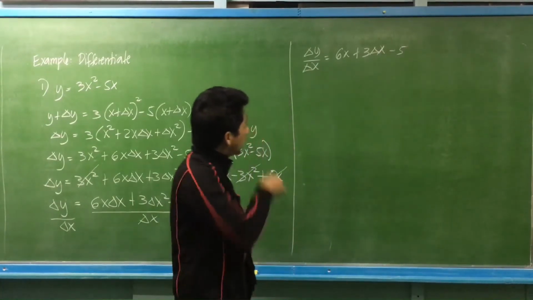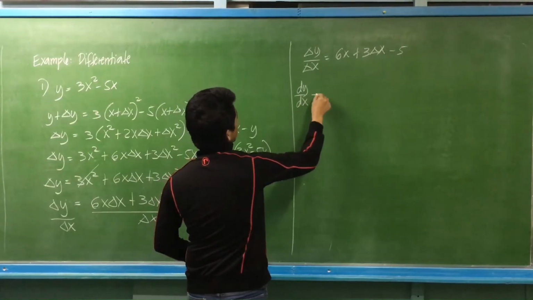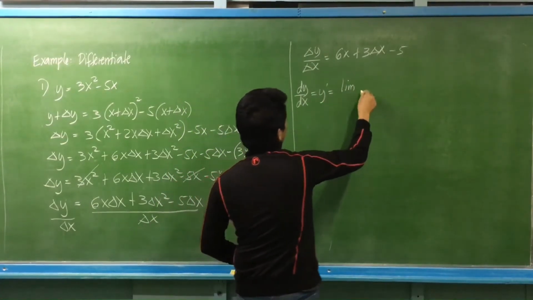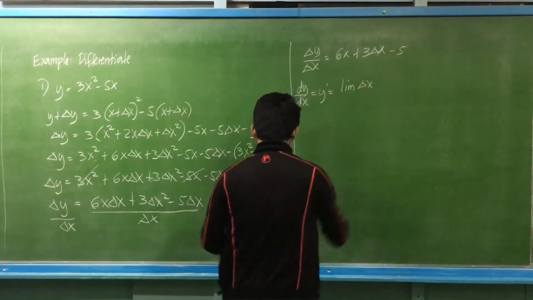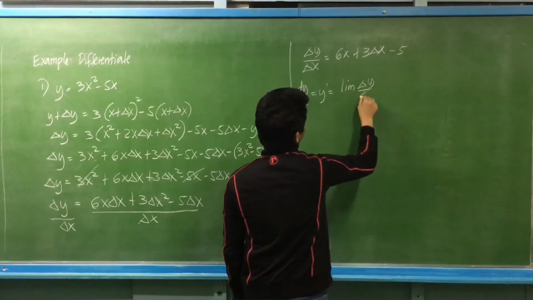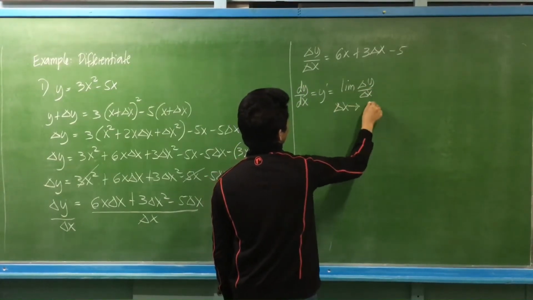Now if we are to apply limit, we have dy over dx, or the same as y prime, is equal to the limit of the ratio of delta y over delta x as delta x approaches 0.